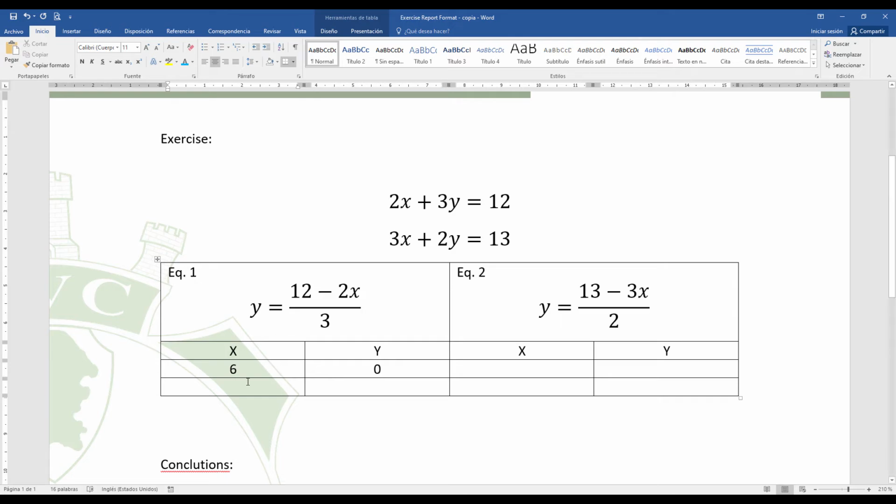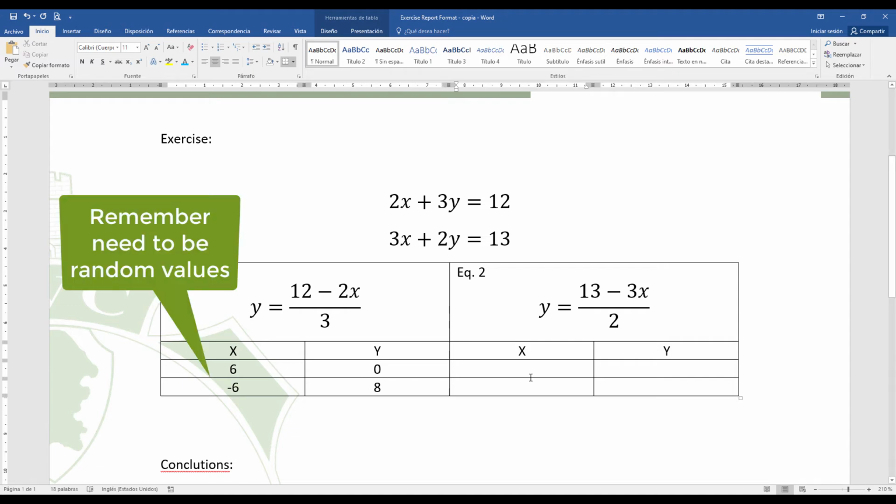Then, less minus 6: 2 times 6 is 12, but minus times minus is plus, so 12 plus 12 is 24. 24 divided by 3 is 8.